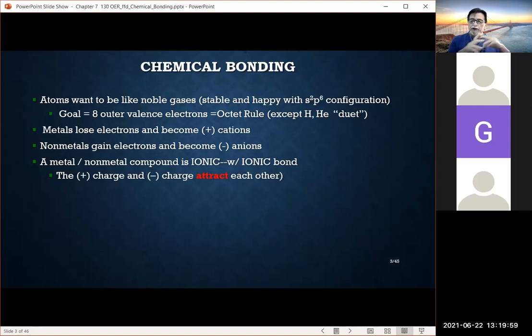That is a combination of a metal and a non-metal. Let me repeat that. Let me highlight that. A combination of a metal and a non-metal produces an ionic compound.